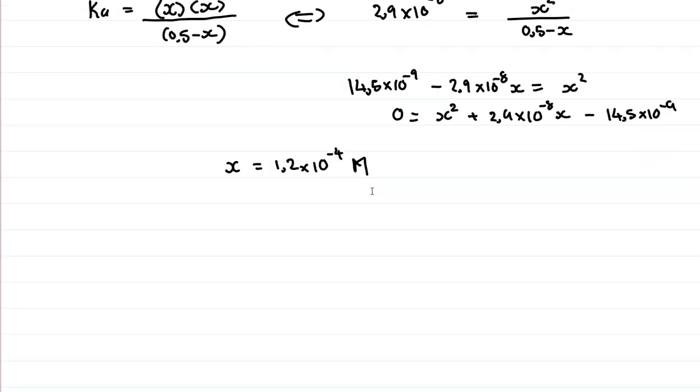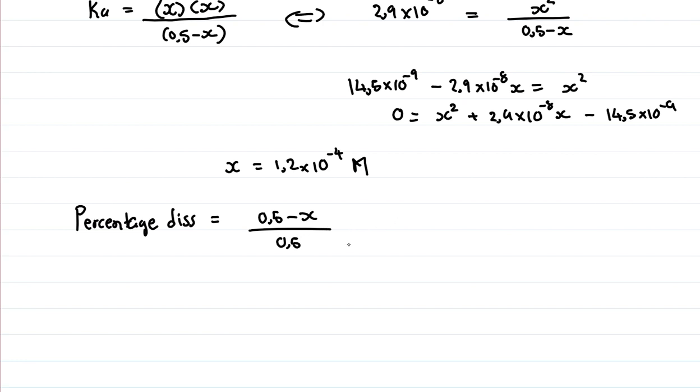So the percentage dissociation is equal to the equilibrium concentration for hypochlorous acid, which is 0.5 minus x, divided by the initial concentration, which is 0.5.